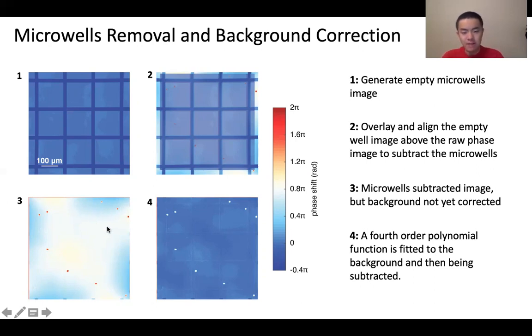The final step is the background correction, where each cell is segmented out, and we fit a polynomial function to the background and subtract the background away, which leaves a flattened background with only cells in the image.